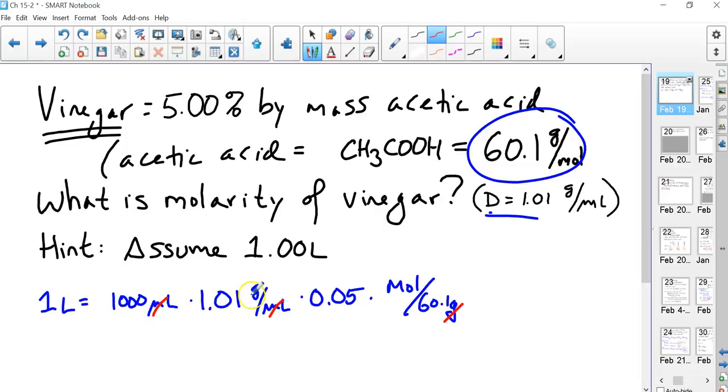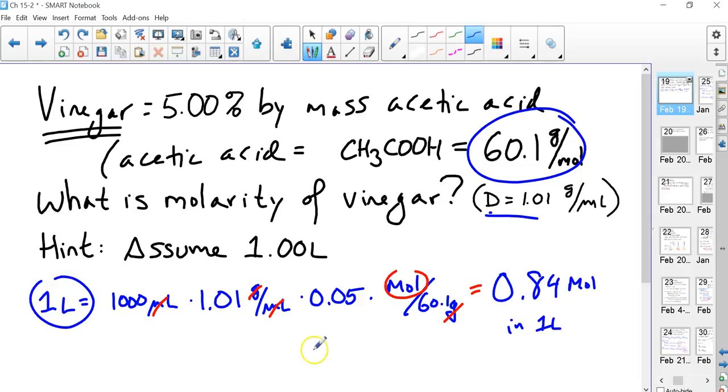Grams crosses out here, and we're going to be left with the number of moles, but that is in 1 liter, which we assumed at the beginning, and that is equal to 0.84 moles. That was our assumption at the very beginning. So the molarity is 0.84 molar for vinegar.